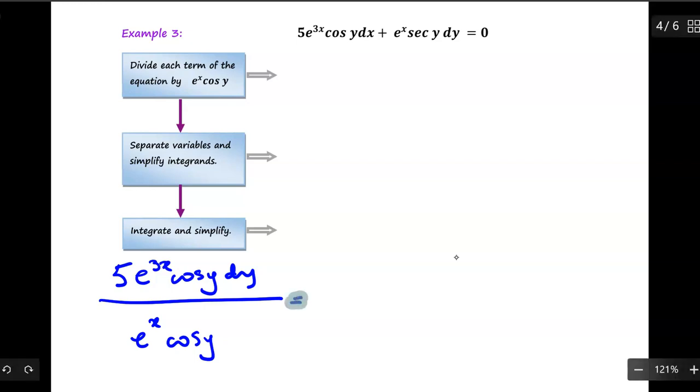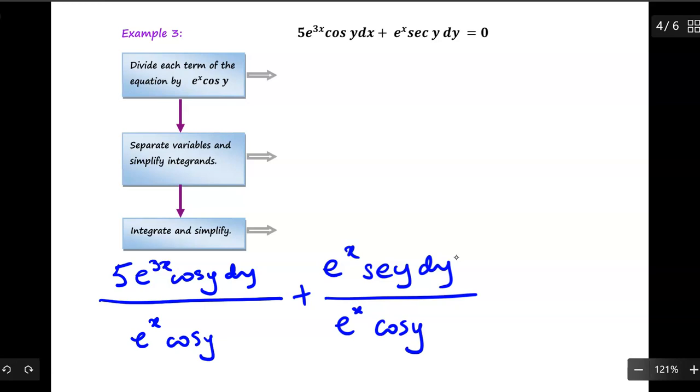So this is plus e to the x secant of y dy divided by e to the x cos of y, equal to 0, because I need to divide this by this as well.